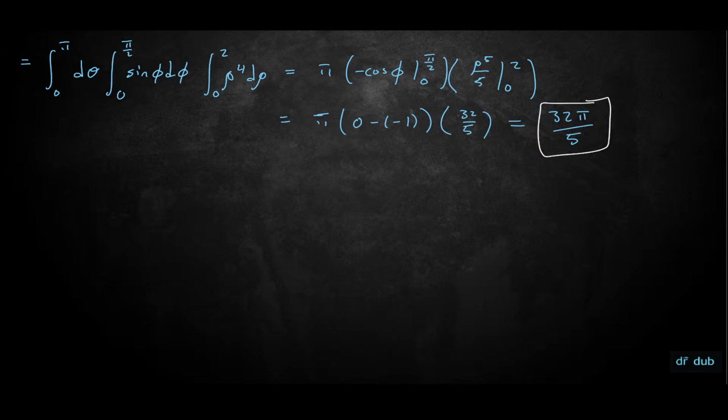Things typically get nicer when you switch to spherical coordinates, but only if your region of integration has some kind of spherical property, like a cone or a sphere. You probably don't want to use spherical coordinates for boxes and paraboloids and cylinders and hyperbolic stuff. It's more for spherical stuff and cones.